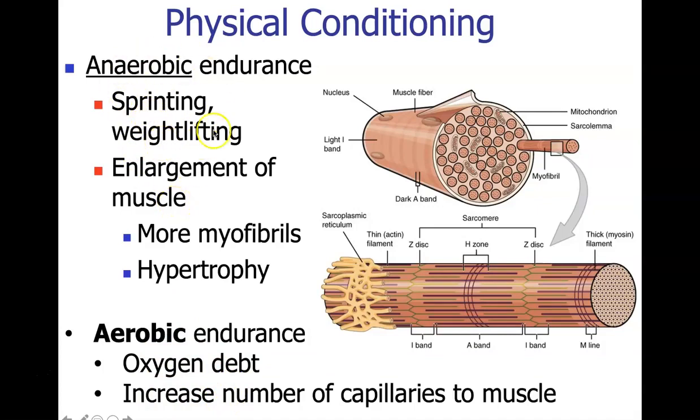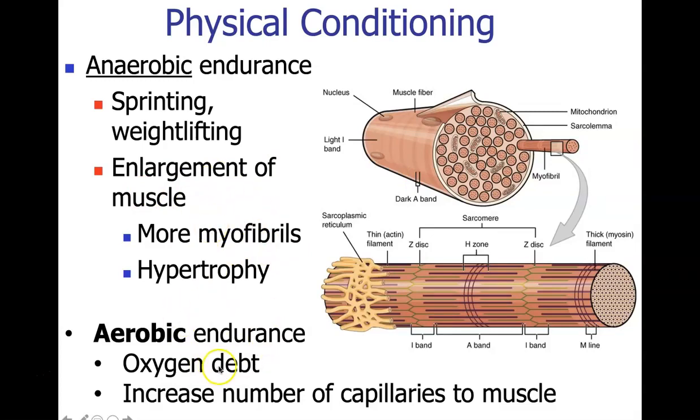As you do more anaerobic exercise, the muscles enlarge, you get more myofibrils, and eventually hypertrophy. When you are lifting weights, you're creating micro tears in the muscle, and as the body repairs those micro tears, it makes more myofibrils, which overall enlarges the muscle.